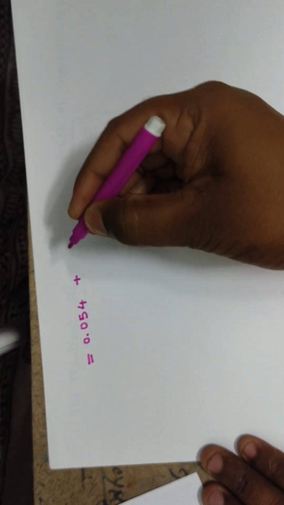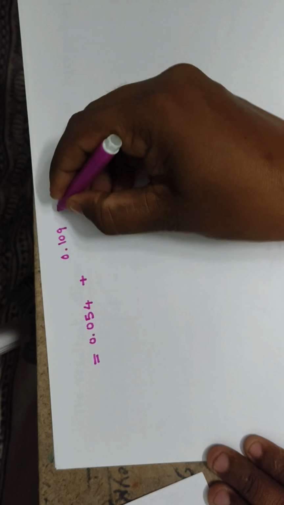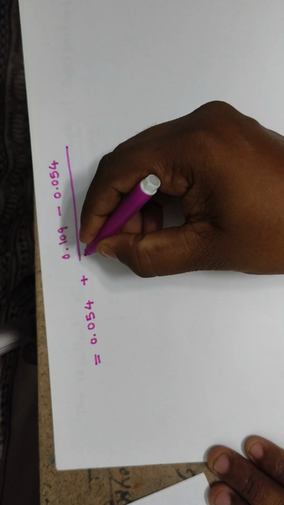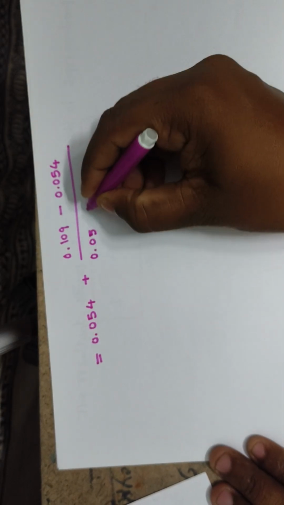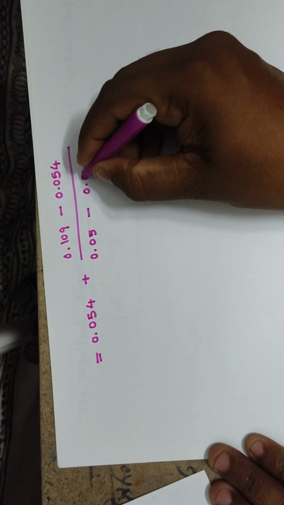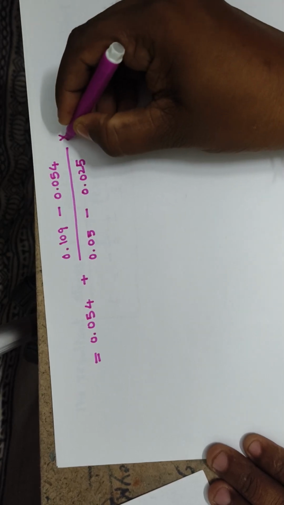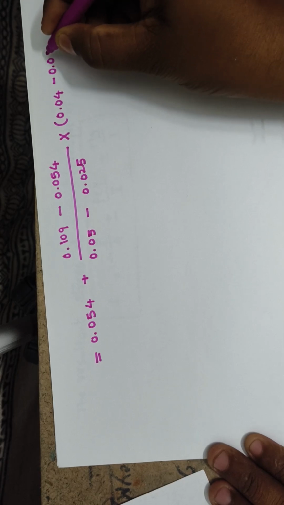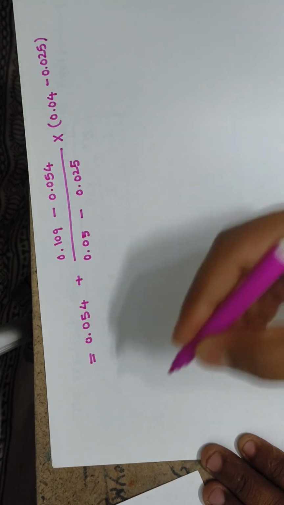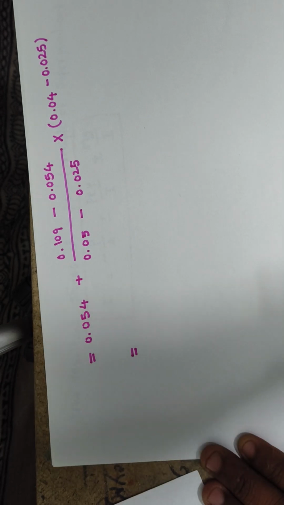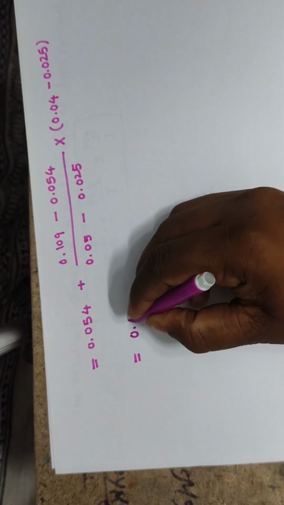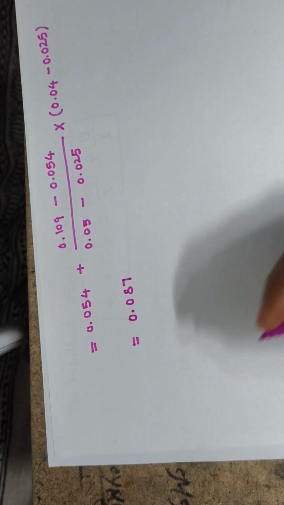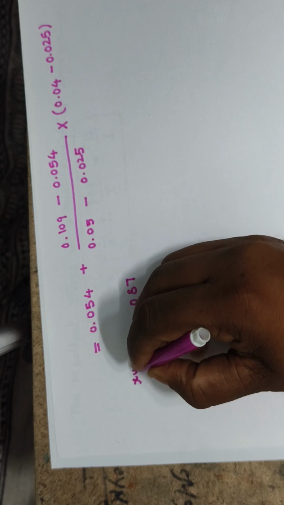0.054 plus 0.109 minus 0.054 divided by 0.05 minus 0.025 multiplied by 0.04 minus 0.025, right? This value is 0.087. This is XU by D value.